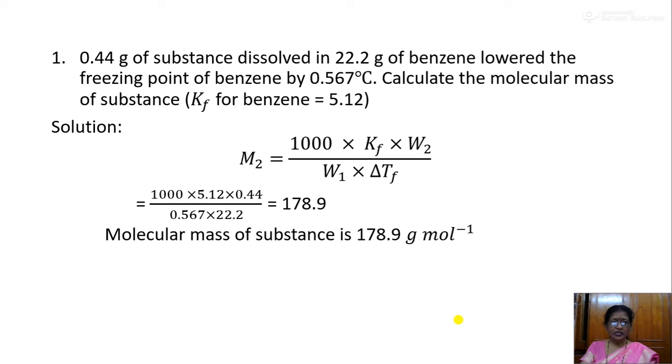After calculation, just simple multiplication and division, you will get 178.9. The molecular mass of the substance is 178.9 gram per mole.